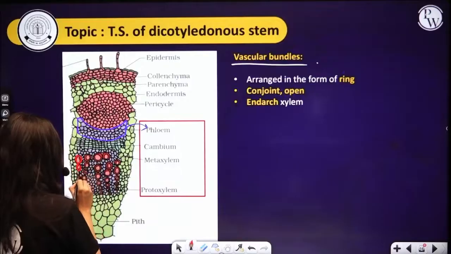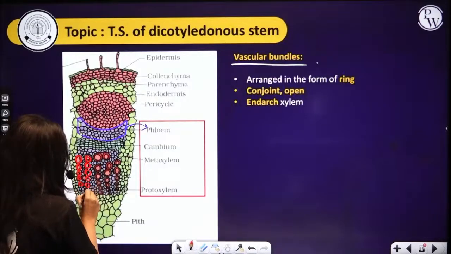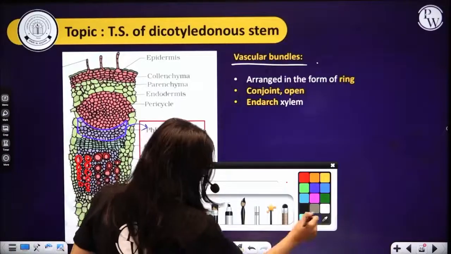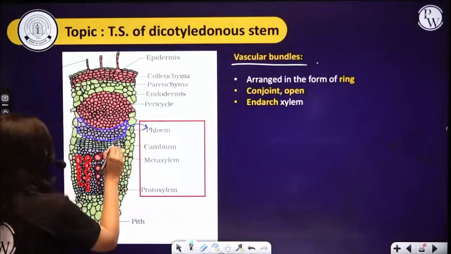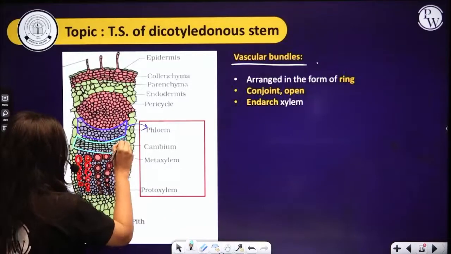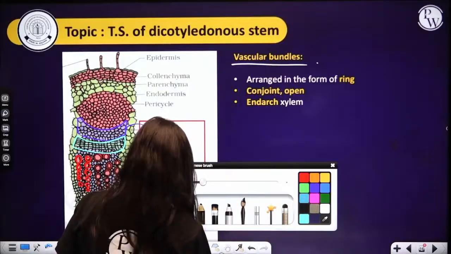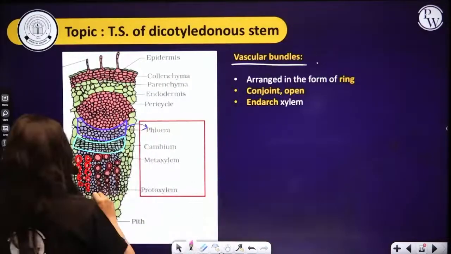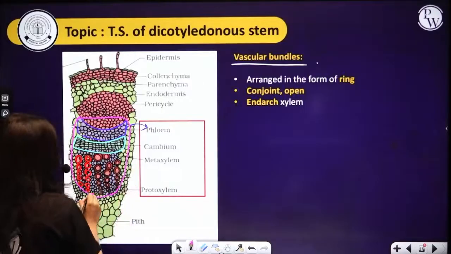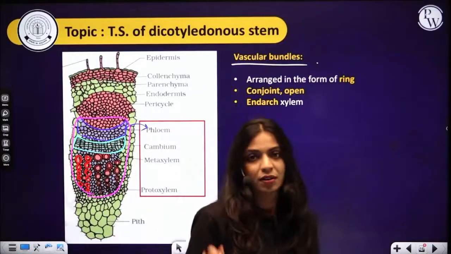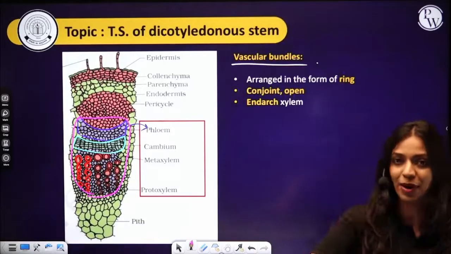Here you have the xylem. In between them, you have the cambium, right? So the xylem and phloem here are present within a single bundle. Therefore, it is conjoint. Open because there is a strip of cambium present between the xylem and phloem.